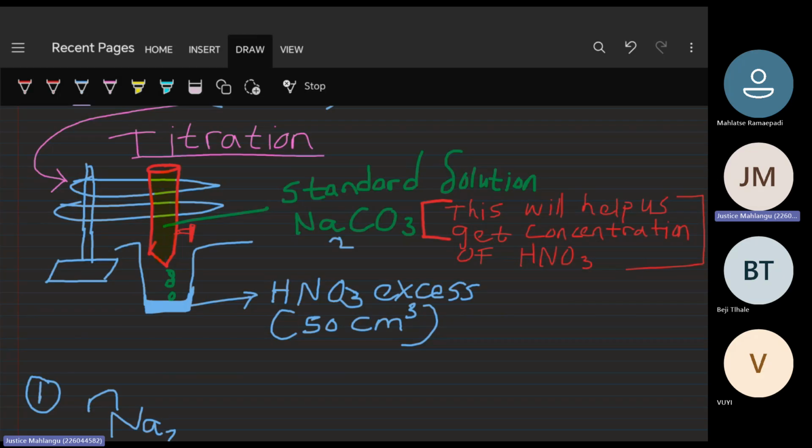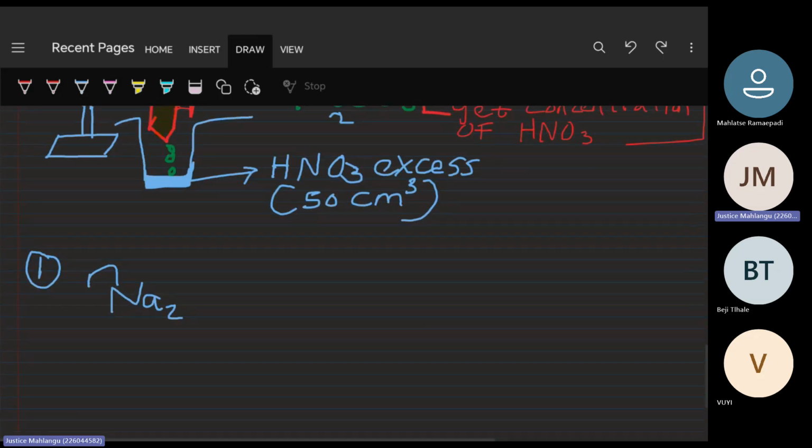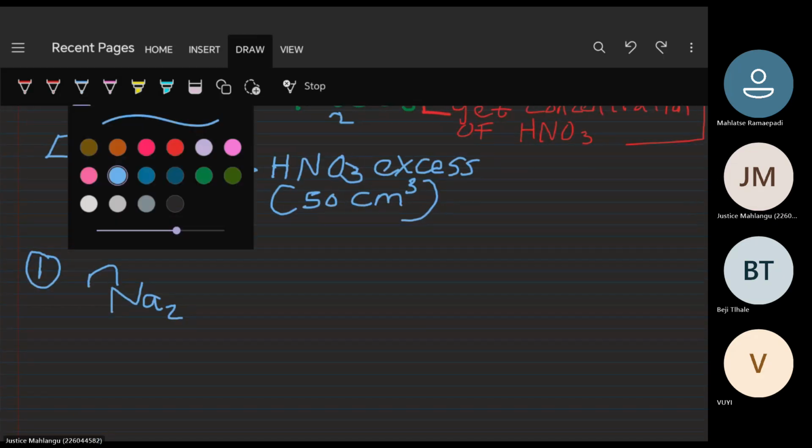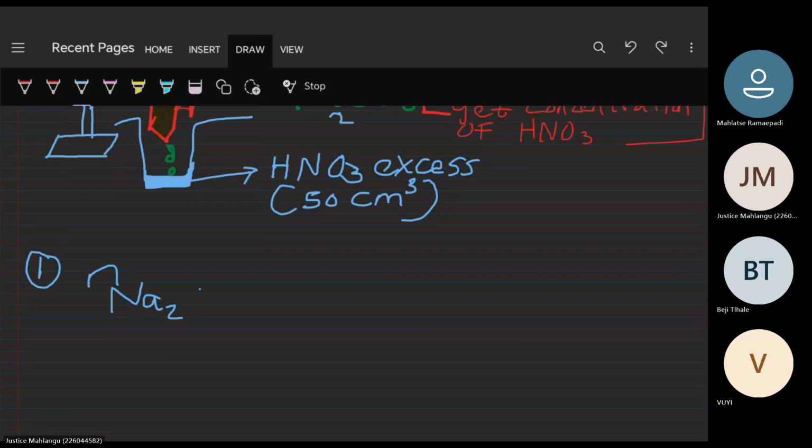So these are the number of moles of sodium carbonate. All right. Is equal to CV. You know that to get the number of moles, guys, it is just concentration times volume.